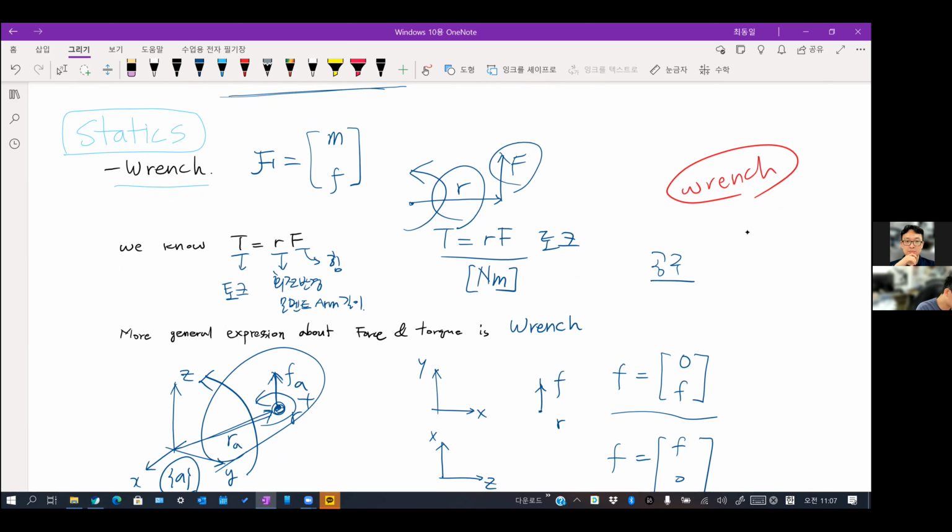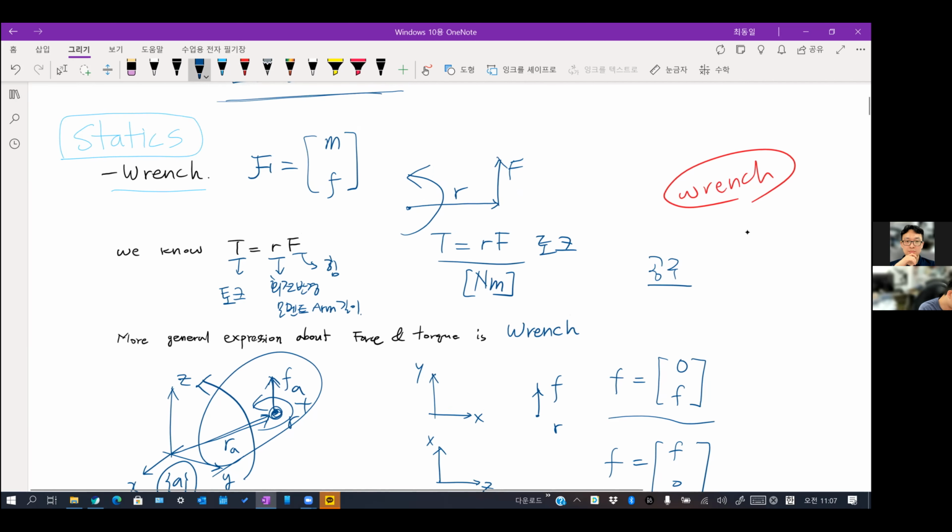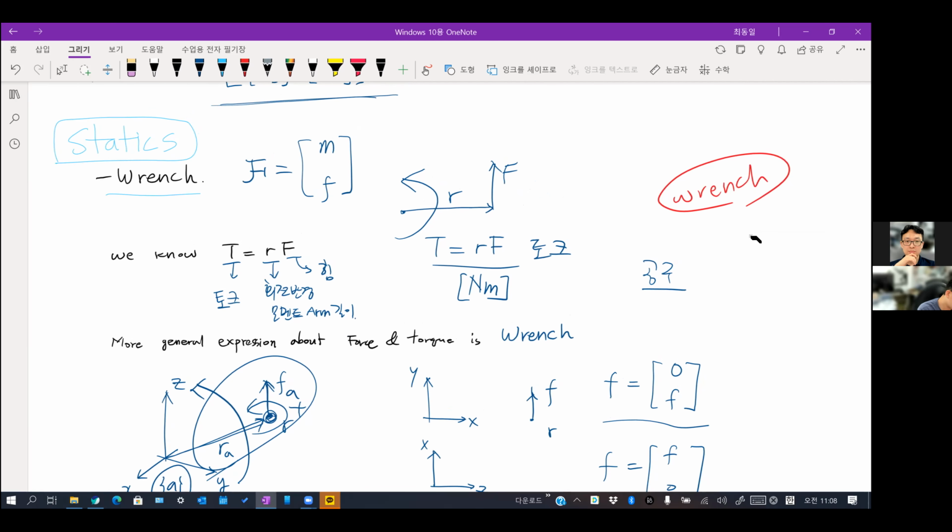The torque we are familiar with is expressed using capital T. This torque equals the moment arm length multiplied by force F. The torque has the SI unit of Newton meter.